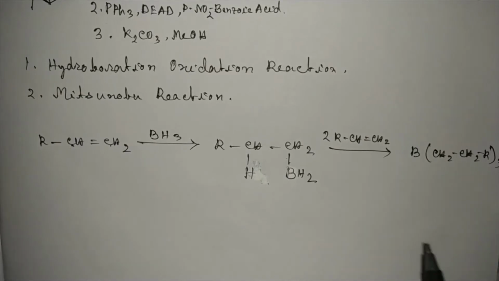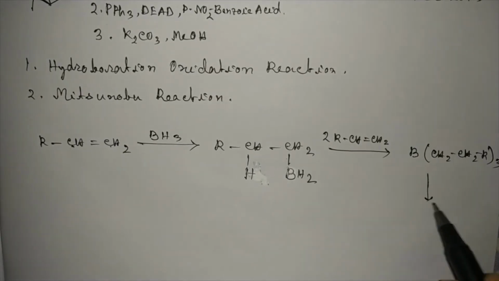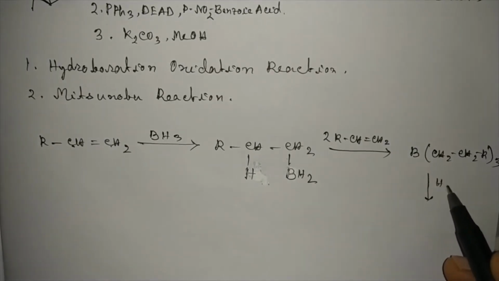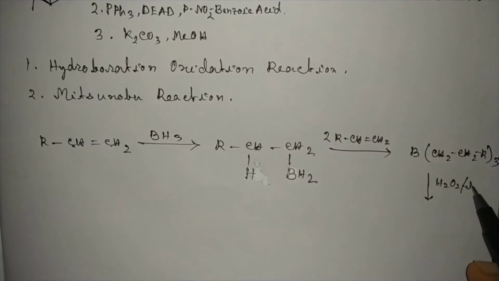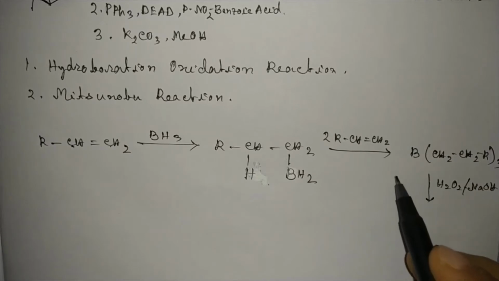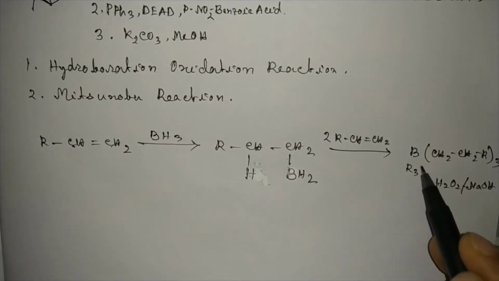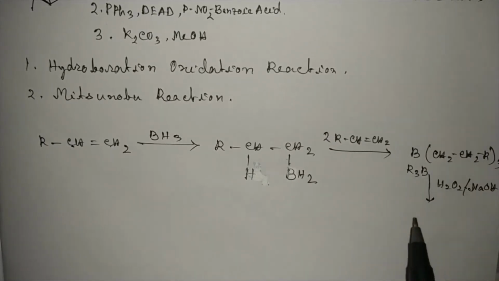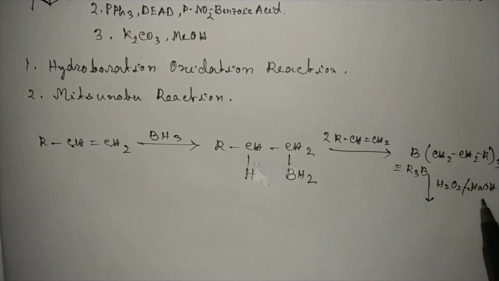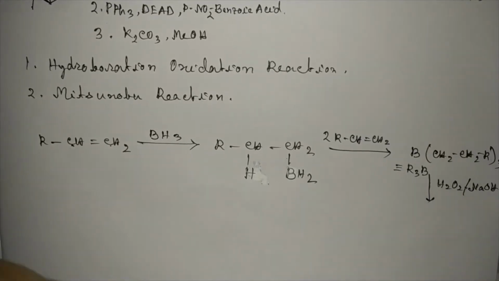Now if it is treated with H2O2/NaOH, let's say this is R3B, trialkyl boron. If it is treated with H2O2/NaOH, what will happen?